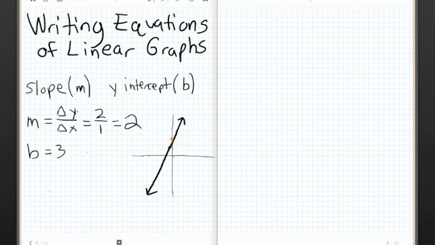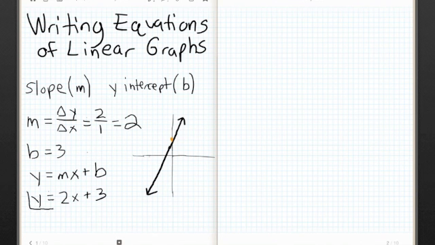Now, how do we put all this into an equation? Well, here is the formula for the equation of a line: y equals m times x plus b. Let's substitute in our m and b values. y equals 2 times x plus 3.